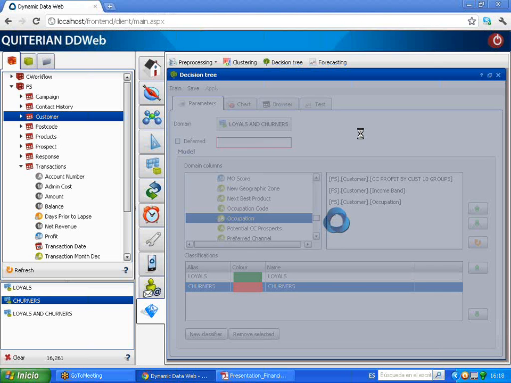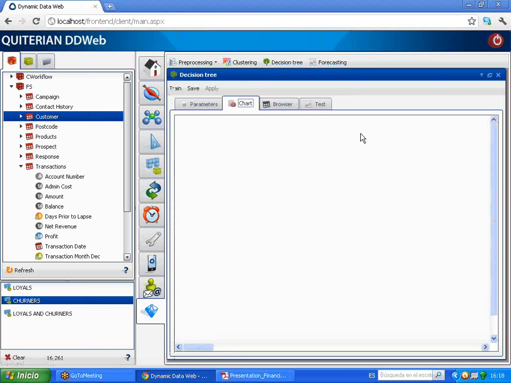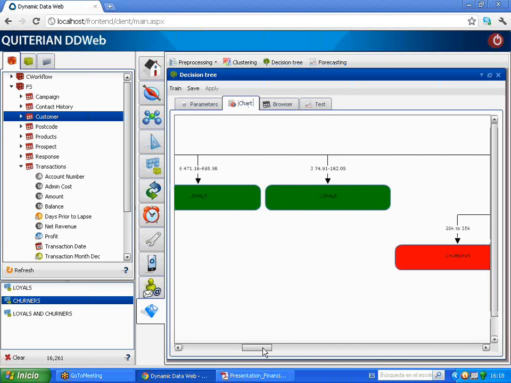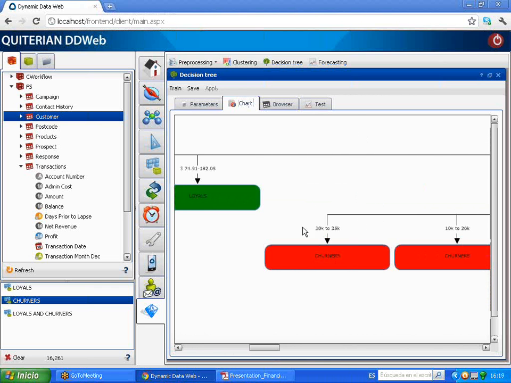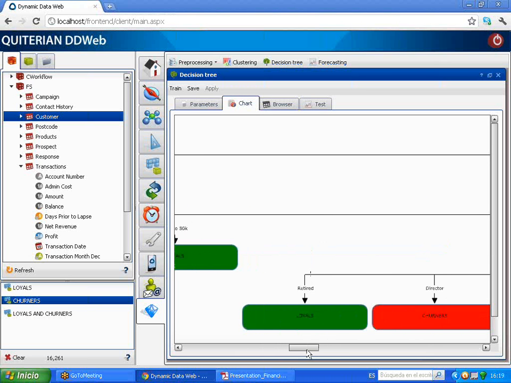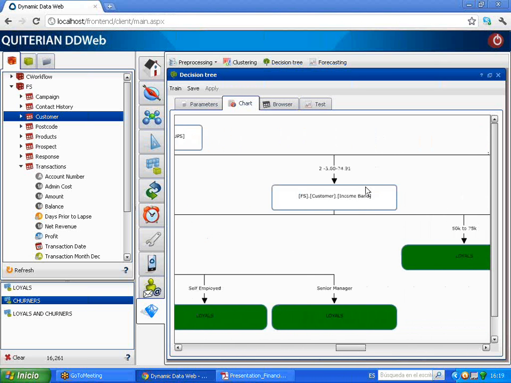It will take, on my laptop, maybe 10 to 12 seconds doing all these calculations with the 3.4.5 algorithm. And it will show you a very nice graph set with all the people who are going to become loyal or churner depending on, for example, the incomes, the occupation that they have, and the profitability.